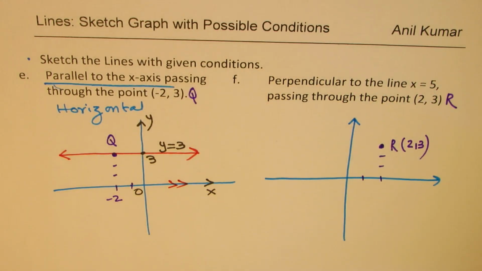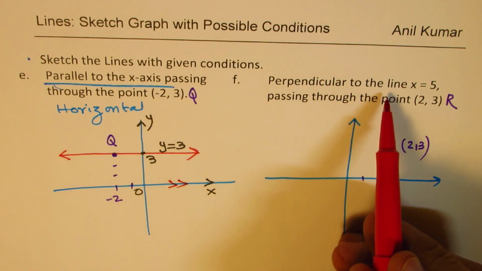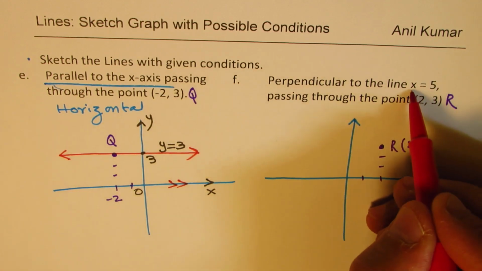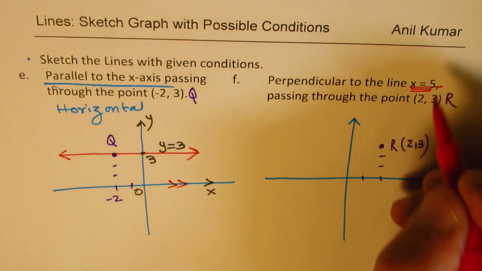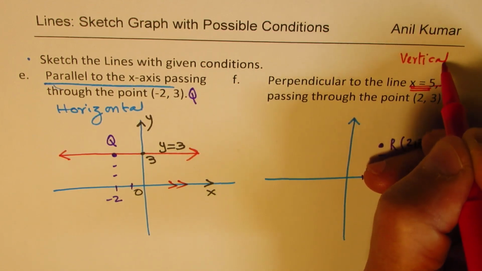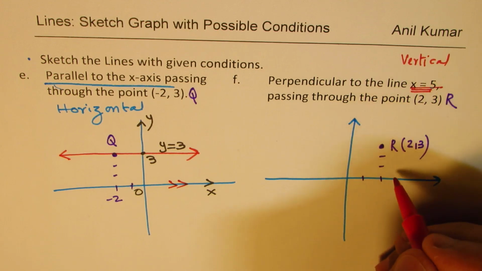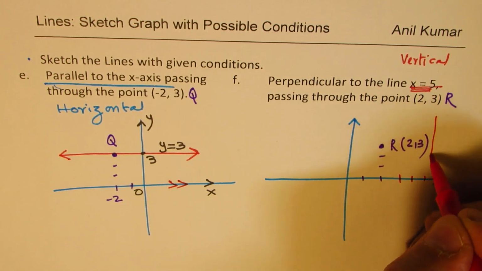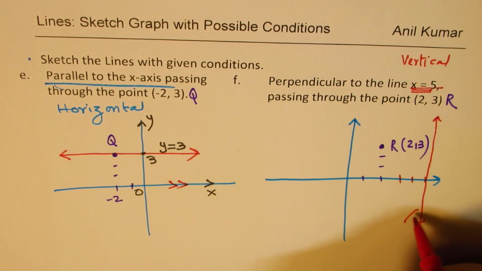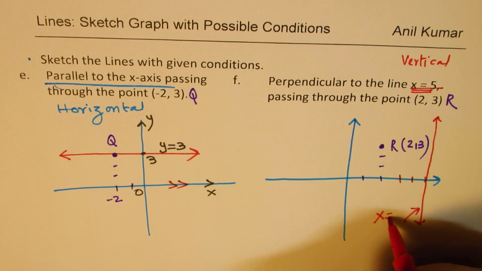Now it says perpendicular to the line x equals 5. What is x equals 5? x equals 5 is a vertical line. So x equals 5 will be, this is 2, 3, 4, 5, will be kind of like this. This line, which I've drawn just now, is x equals 5.